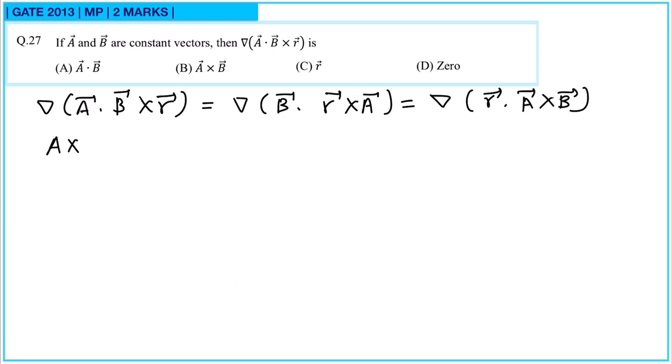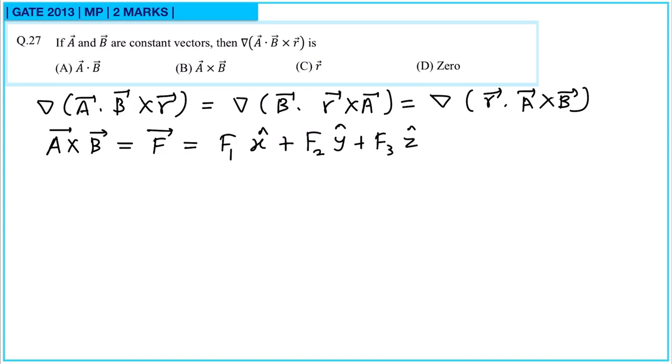Now a bar cross b bar is a constant vector because it is product of two constant vectors. So let it be f bar, which can be written as f1 x cap plus f2 y cap plus f3 z cap. So this is a constant vector.